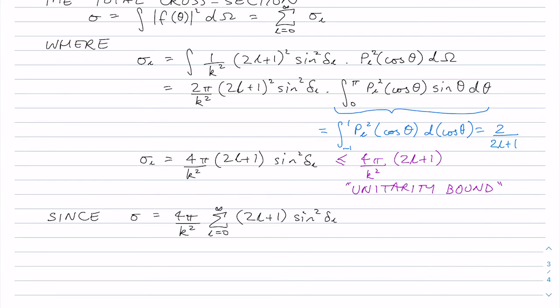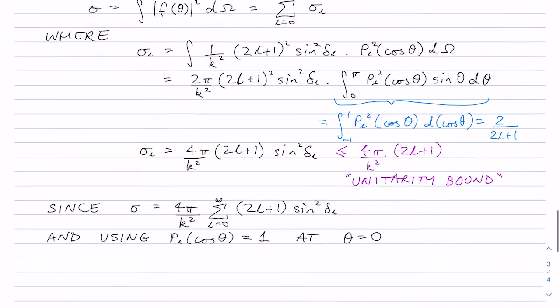So we can now write the total cross section sigma as a sum of these sine squared delta L's. And we have this property of the Legendre polynomials as well.